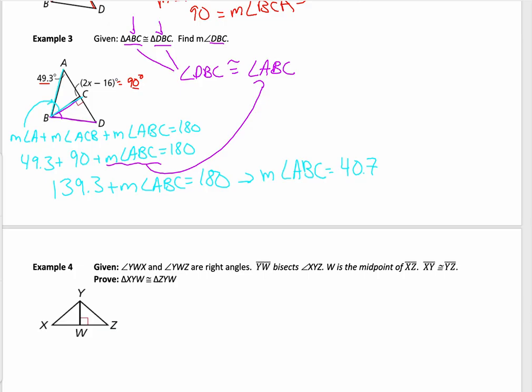And I think I did. 40.7 degrees. That means because these two angles are congruent, I can conclude, therefore, that the measure of DBC is also 40.7 degrees.